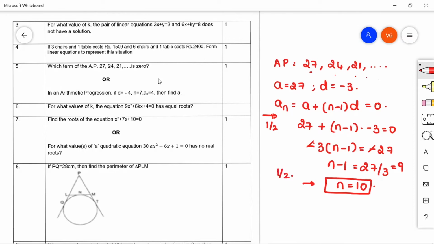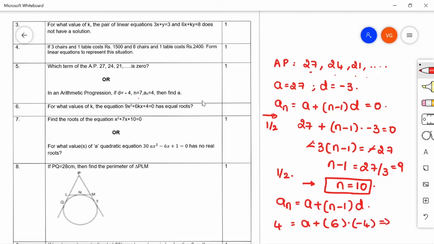Next, in the optional question you are given d is equal to -4, n is equal to 7 and a_n is equal to 4. Then find the value of a. Directly you can substitute in the formula a_n is equal to a plus n minus 1 into d. So a_n is 4, equal to a plus 7 minus 1, which is 6, into d, which is -4.